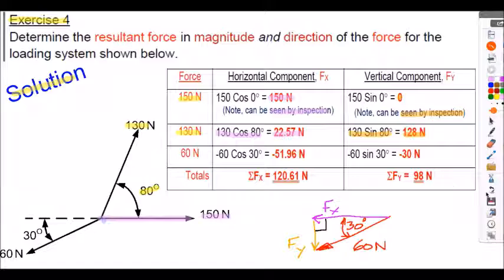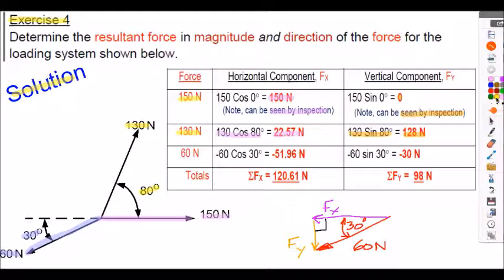And the third force we're given is the 60 newtons shown here at 30 degrees to the horizontal. I've shown a resolved diagram here just to try and indicate the directions of the various components. We can clearly see that the Fx component will be negative and so will the Fy component be negative to our sign convention.